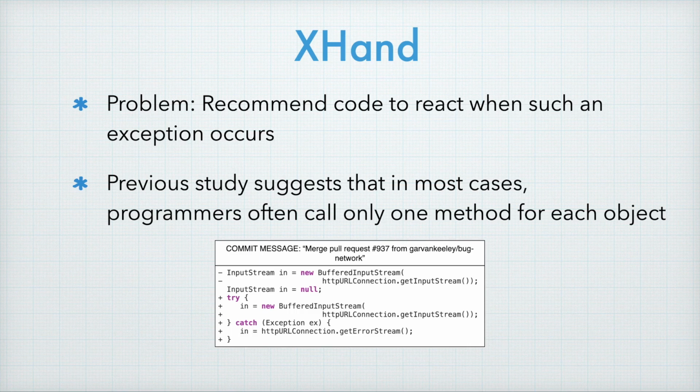The second model that we introduce is ESEC, which is the model for recommending handling actions. Previous studies suggest that in most cases, programmers often call only one method for each object when they handle exceptions. So in our approach, we use ESEC to only predict one method call for each object when an exception occurs.